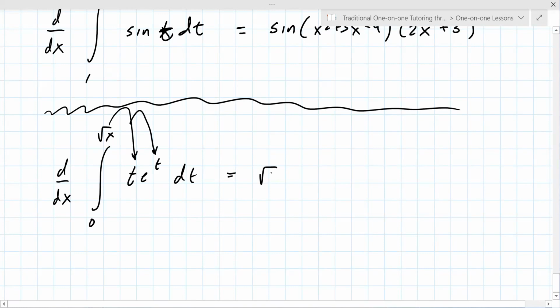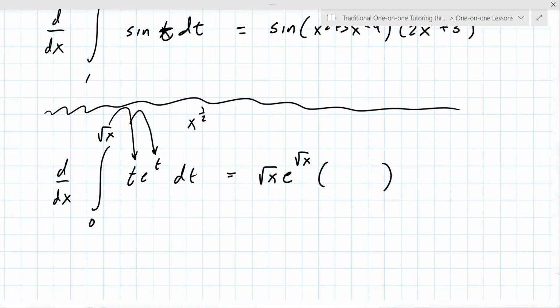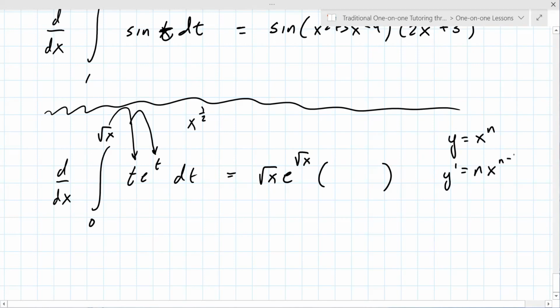So this becomes e to the square root of x times the derivative of the square root of x. That's x to the 1/2. I'm trying to remind you of a few things. I kind of forgot how to do derivatives now. Okay, so if y equals x to the n, y prime is, bring the variable down, n x to the n minus 1 power.